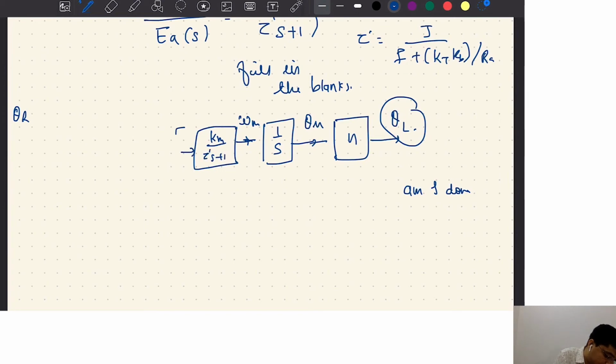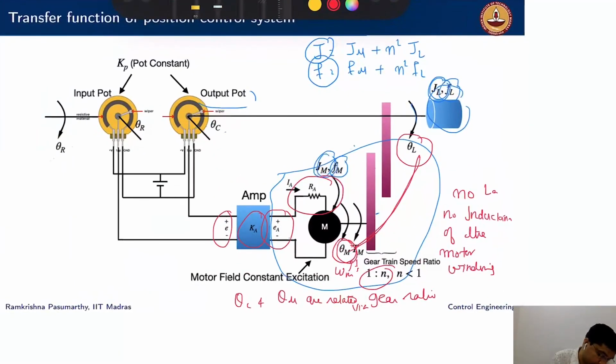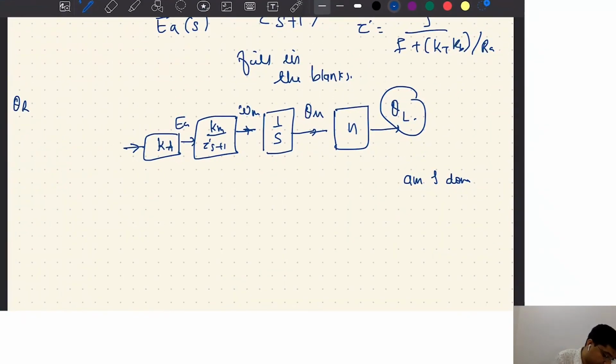Preceding EA is the amplifier. Let's reverse it. So this voltage E. Now I have reached E here. Where does this E come from?